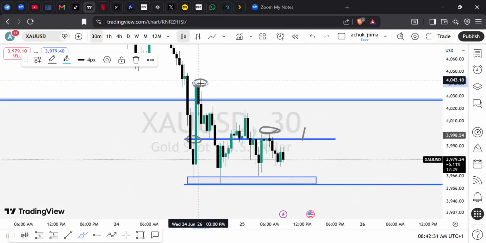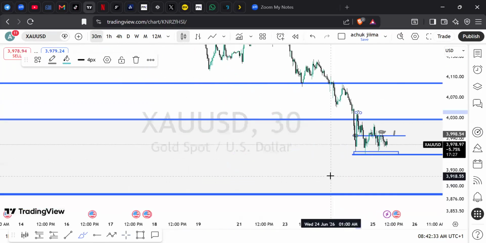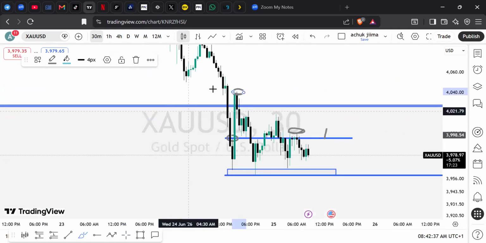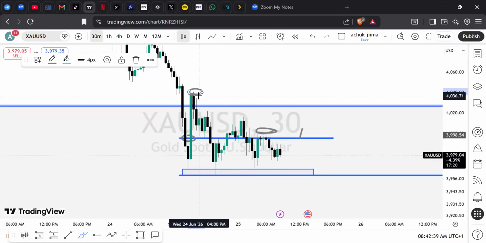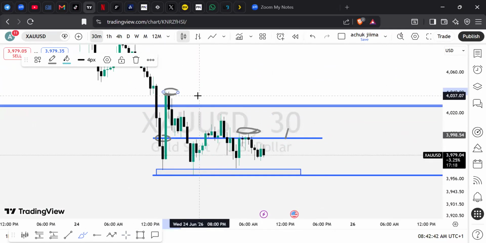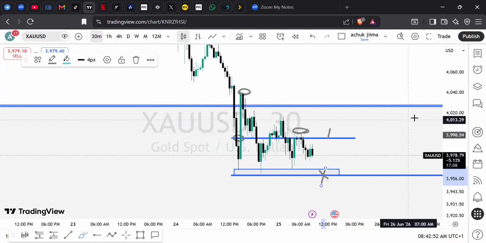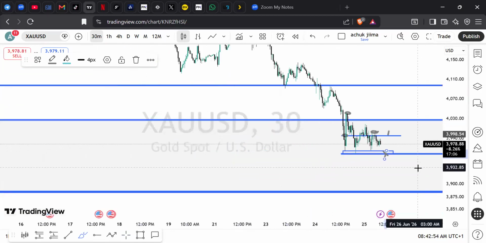The market got out of this zone. Remember, the whole thing here is the zone. Okay, so once we're out of this zone, is an indication that the market has potentials of going higher. The next thing we want to see is failure to break below this. If the market fails to break below this and then breaks this high, we can take that risk, 1% risk, and then we buy. So this is the move I'm waiting for now.